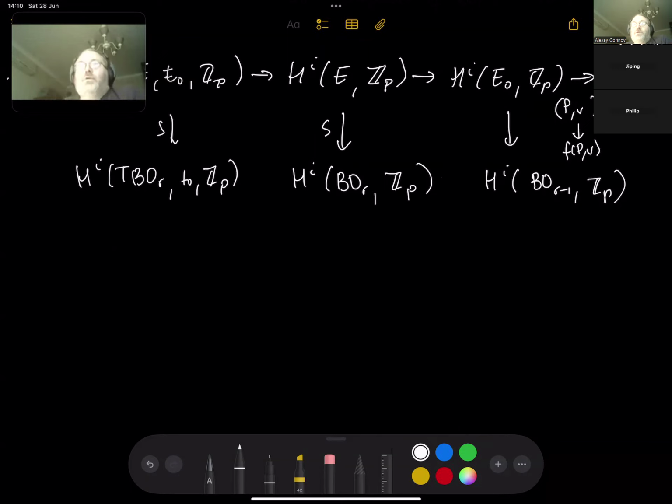So basically we have a homotopy equivalence on the level of spaces. The space E0 is homotopy equivalent to the space BO(R-1). Therefore the cohomology groups are identical.